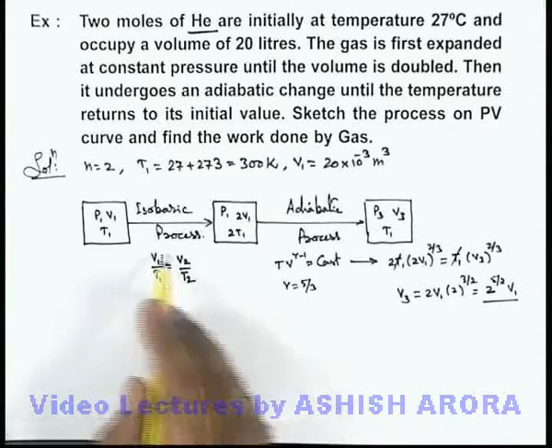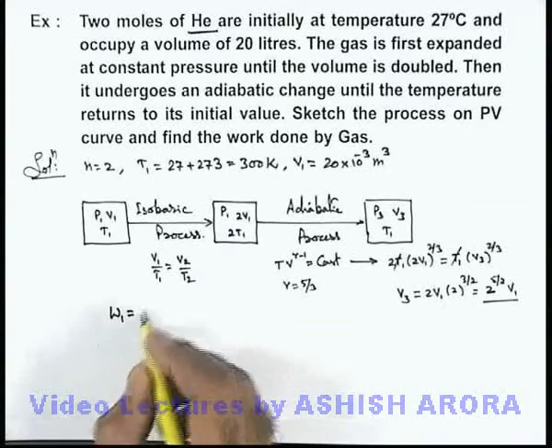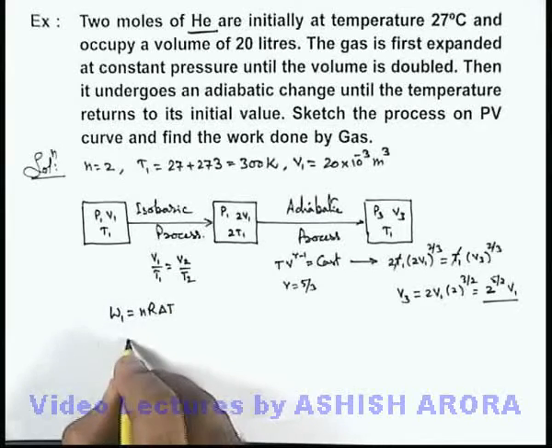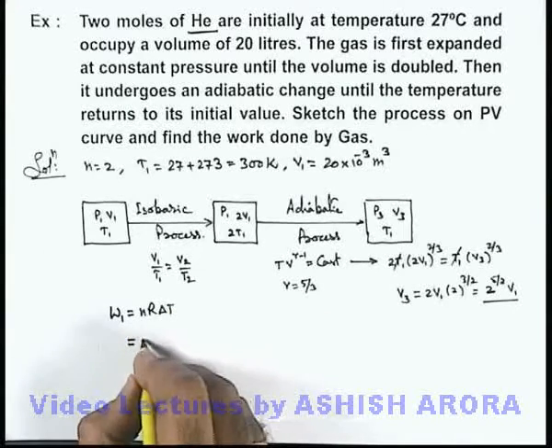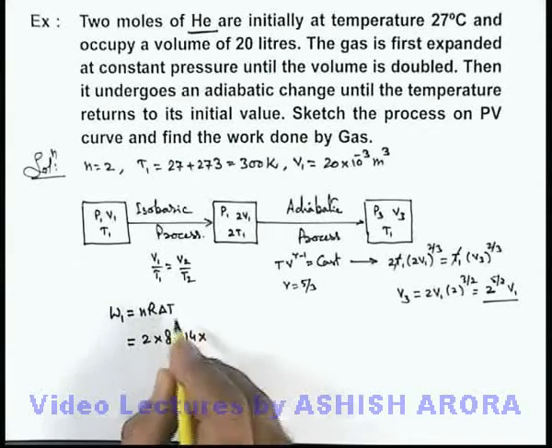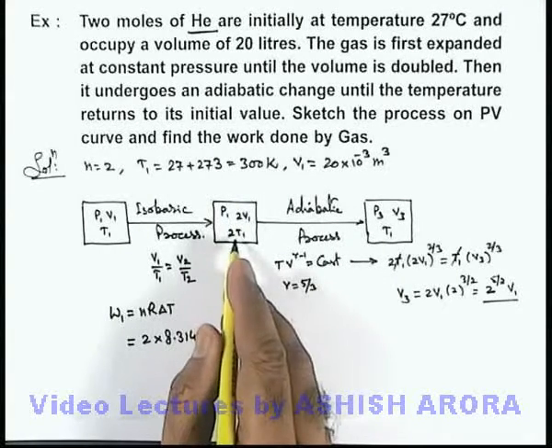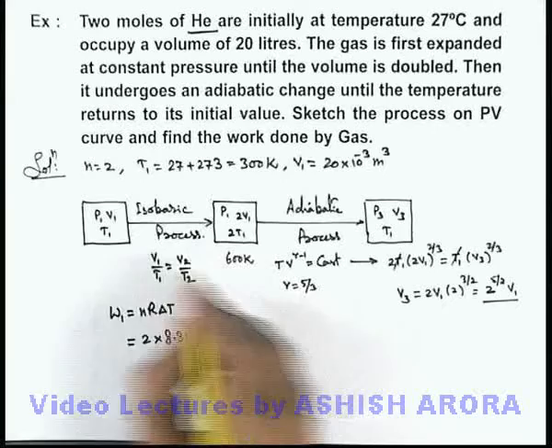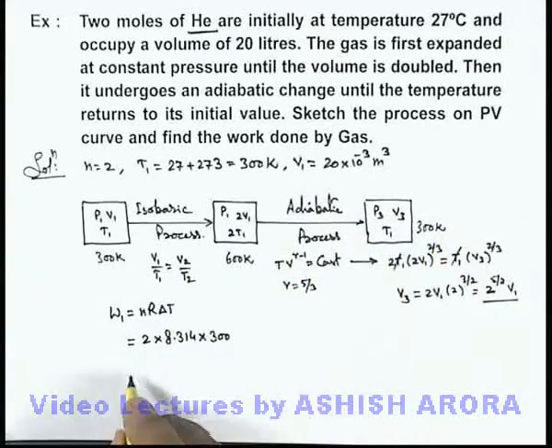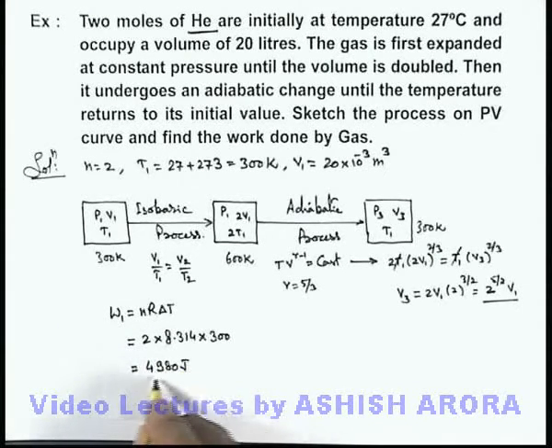And if we talk about the work done in the two processes, in the first process the work done W1, we can directly write, as we know in an isobaric process, work done is given as nR delta T. So we substitute the values: number of moles is 2, the gas constant R is 8.314, and temperature, as it is getting double, it will be 300, because in this state temperature is 600 Kelvin and here it is 300 Kelvin, and finally again the temperature becomes 300 Kelvin. On simplifying this, we are getting the value of work done as 4980 Joule.